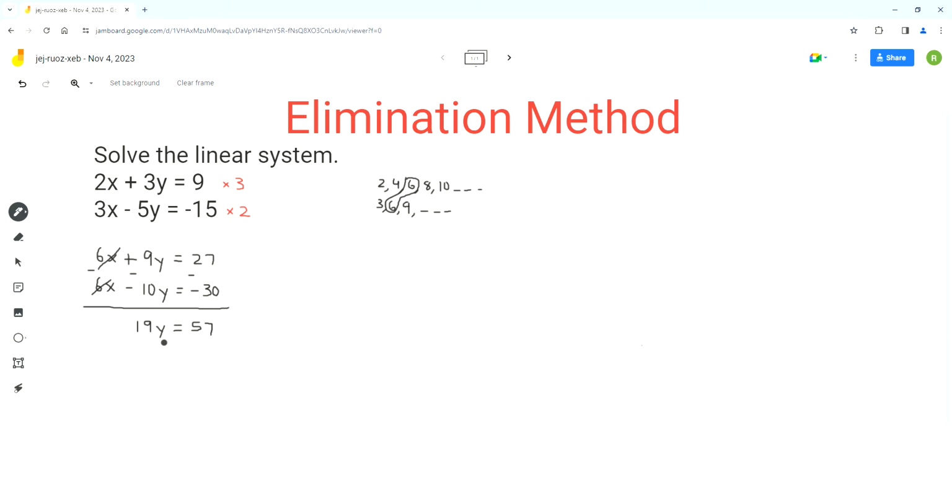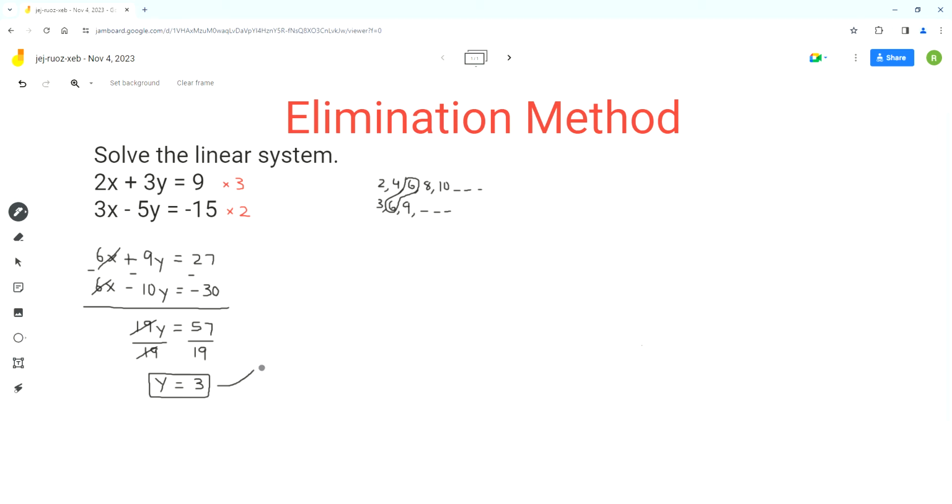Now we have to isolate y, so we divide both sides by 19. When we do that, the 19s on the left side cancel each other out, and we are left with y equals 57 divided by 19, which is equal to 3. So that's the y value for this linear system.